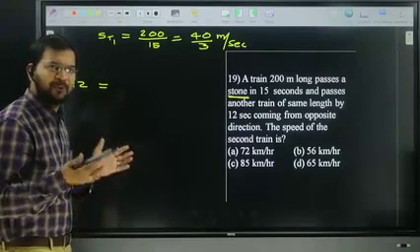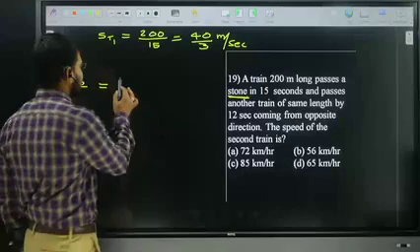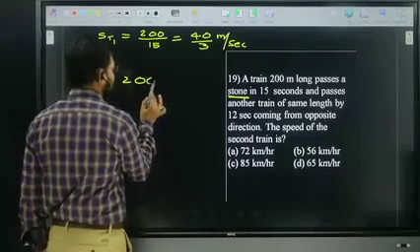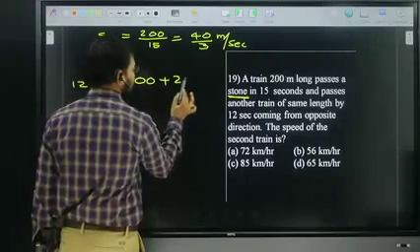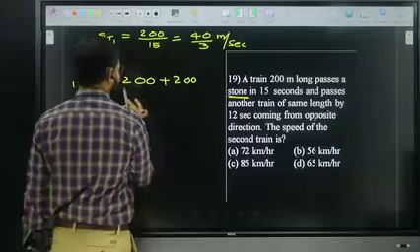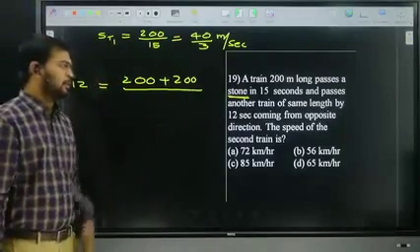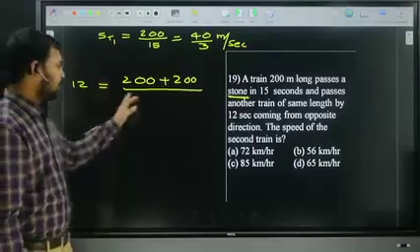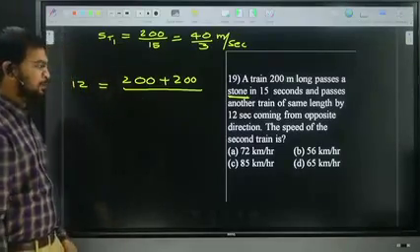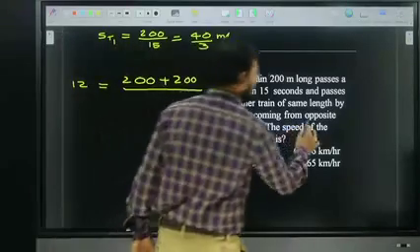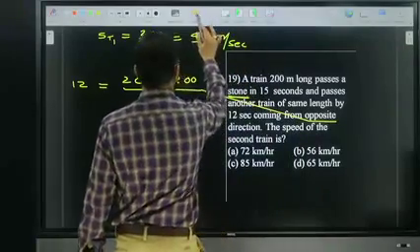Both trains have the same length, 200 meters each. So 200 plus 200 divided by relative speed, in the opposite direction.